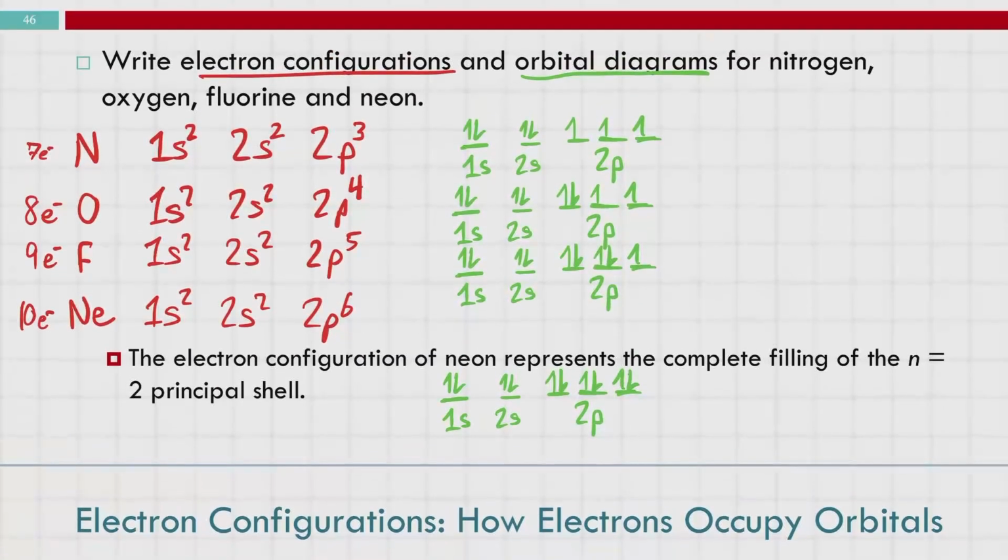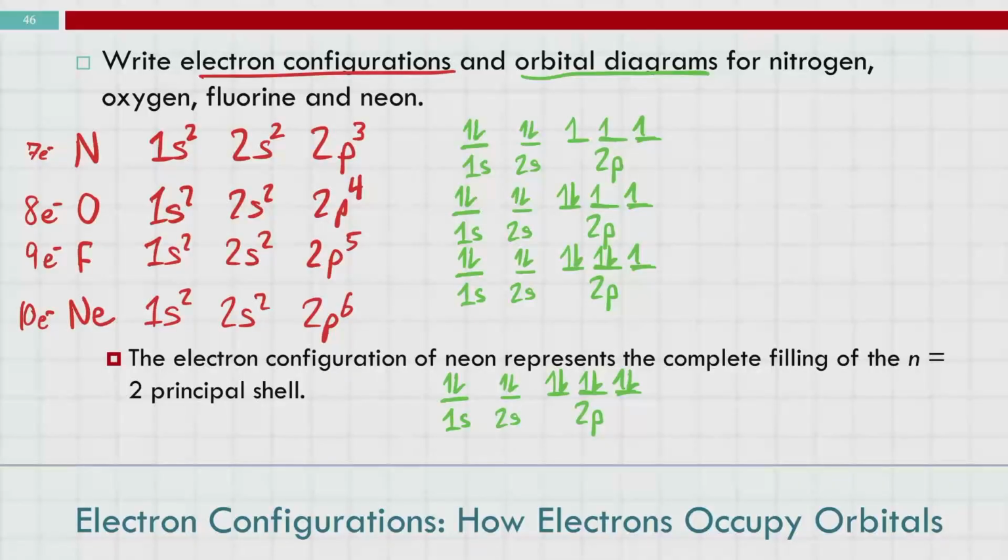Now, what if we wanted to do something devious, something evil, something nasty? Not in real life, but in chemistry. And we wanted the electron configuration for Pb, lead. How many electrons does Pb have? 82. We could do the electron configuration for Pb at 82.